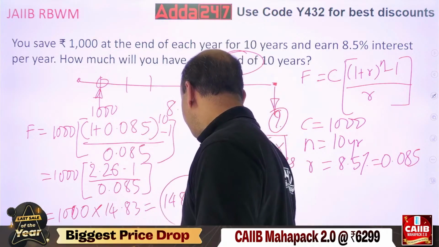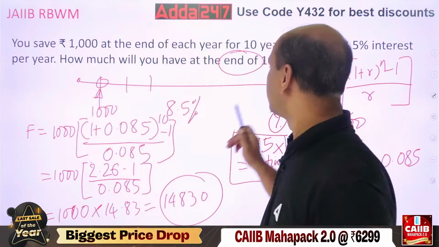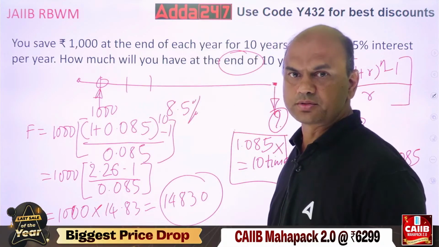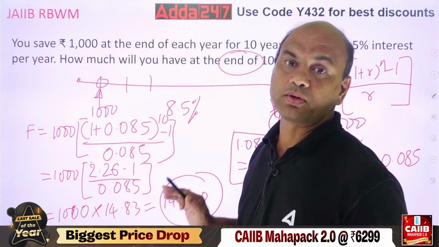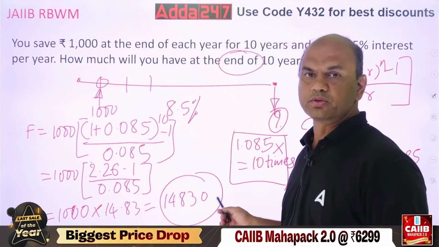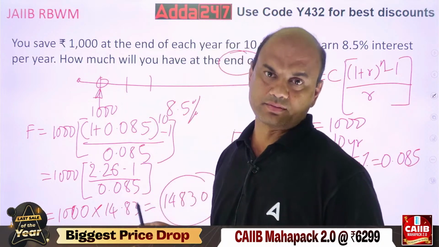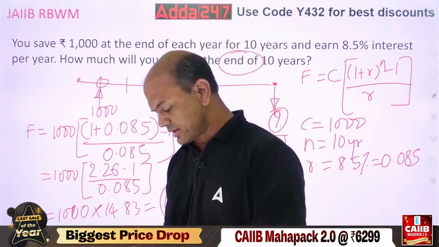This is the amount you will have at the end of 10 years if you are getting an interest of 8.5% and investing 1000 for 10 years. Roughly you will be investing 12,000, right? And you are getting 14,830. So you are getting 2,830 extra.